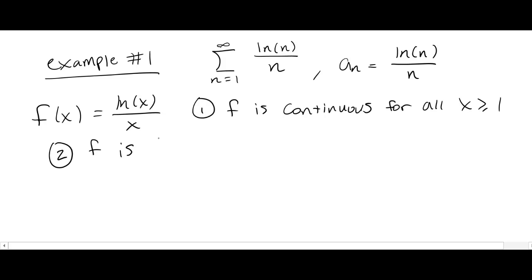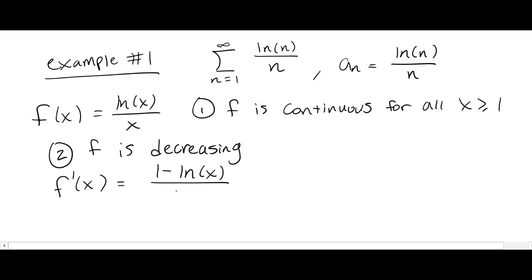F is decreasing. We can check that f is decreasing by taking the derivative of f. So in this case, the derivative of f is 1 minus natural log of x divided by x squared.